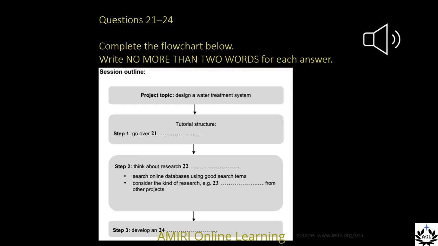Hi, John. Thanks for seeing me today. I'm really struggling with my project. I have to come up with a design for a water treatment system, and I'm really not sure what I'm expected to do. Well, as peer tutors, we've been taught to follow a process in these tutorials, okay? The first step is to look closely at the task instructions. That sounds good.